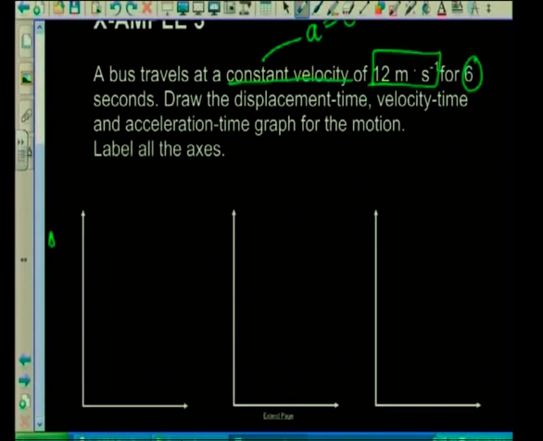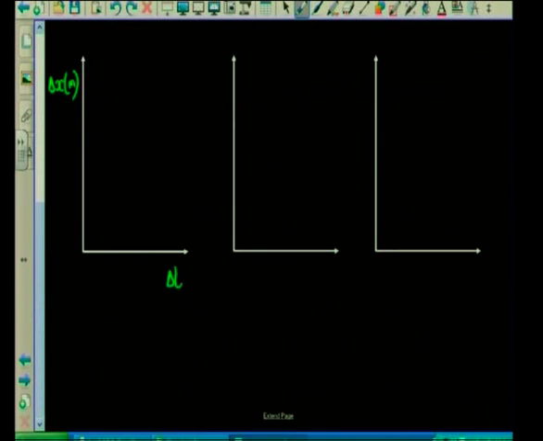So, position time graph, displacement time graph. Displacement, delta x in meters. Time, delta t or t in seconds. We know that it starts at 0. Constant velocity, acceleration is 0. Velocity didn't change.